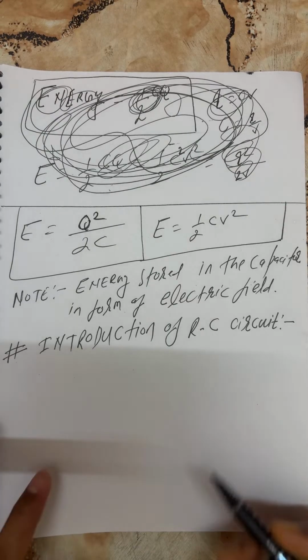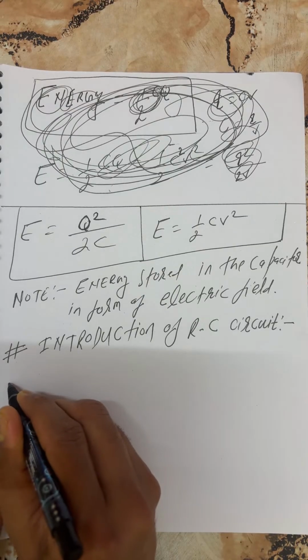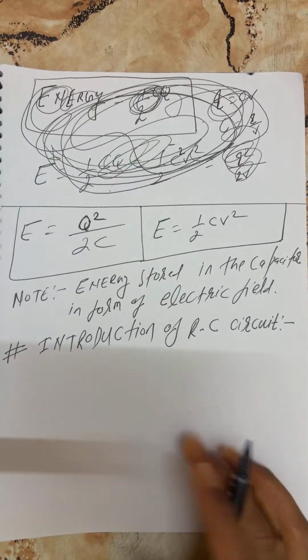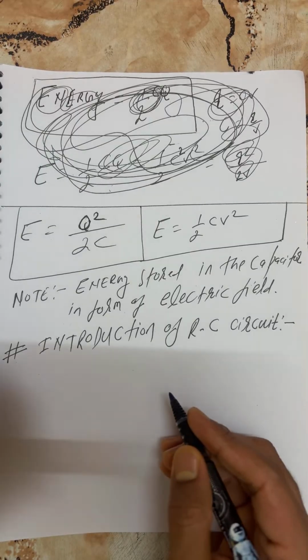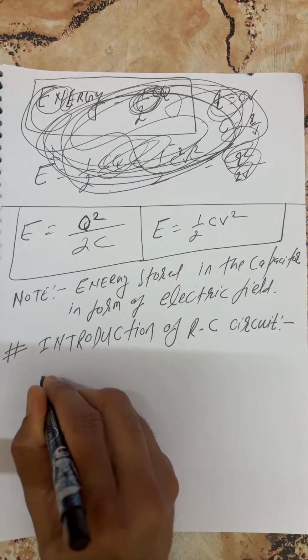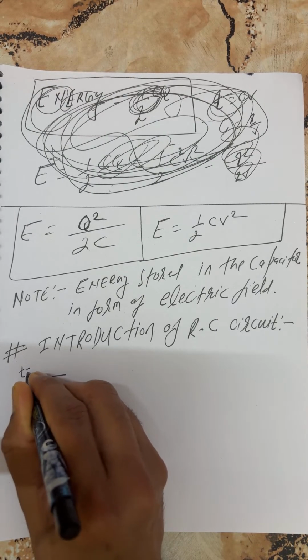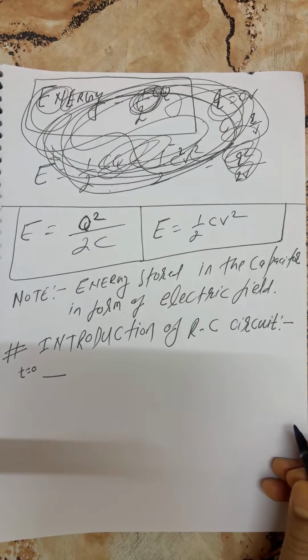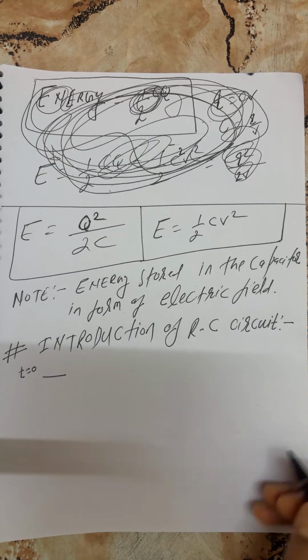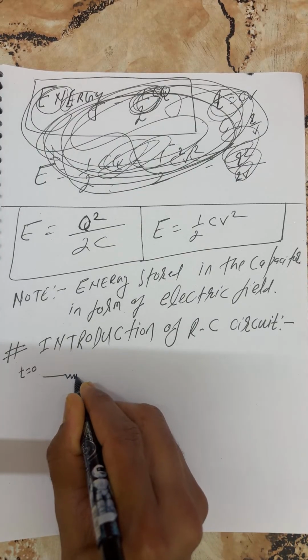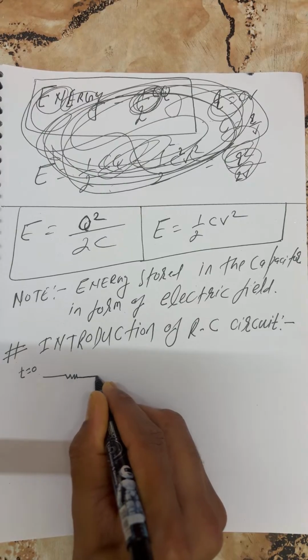Right. Okay. So this is, students, there is a combination here, one R, one C. But let me just explain how this is. Students, initially, at t equals 0, there is a resistor, and this resistor is what?